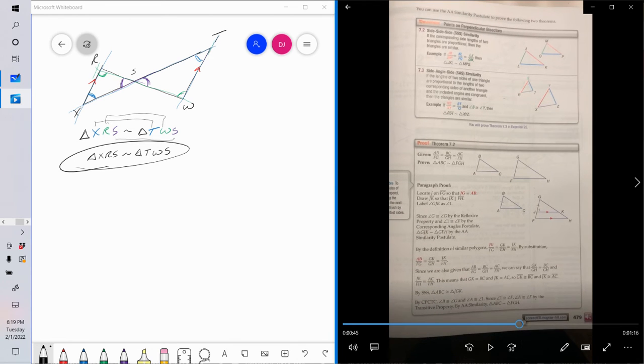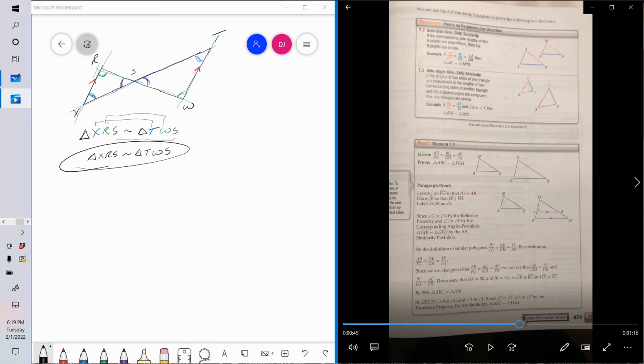So you'll notice here there are two more theorems, side-side-side and side-angle-side. And quite honestly, that's all based on what we've already talked about. If I can prove that the three sides of one triangle are in a similar proportion to the three sides of another triangle, then the two triangles are going to be similar.